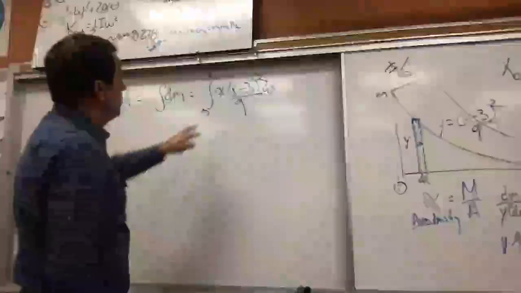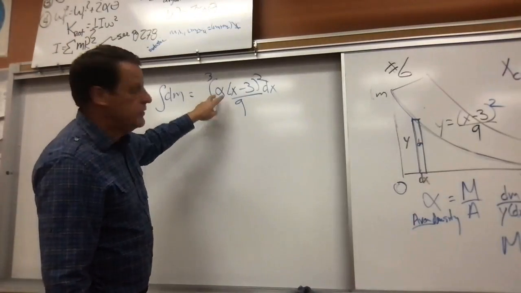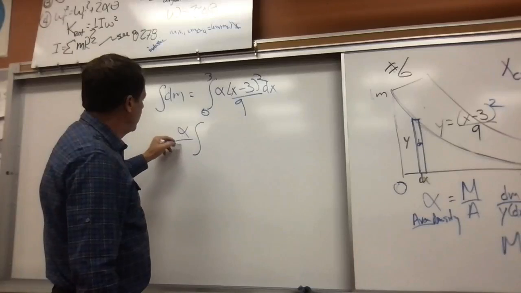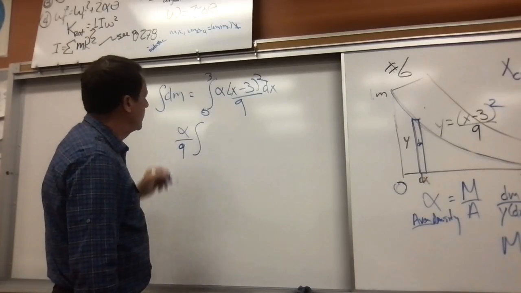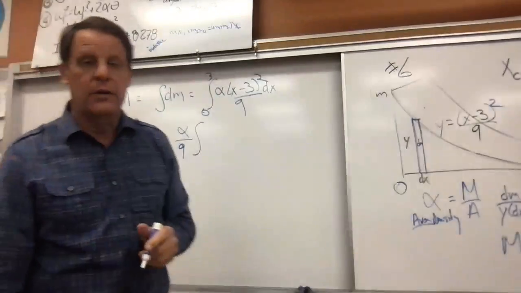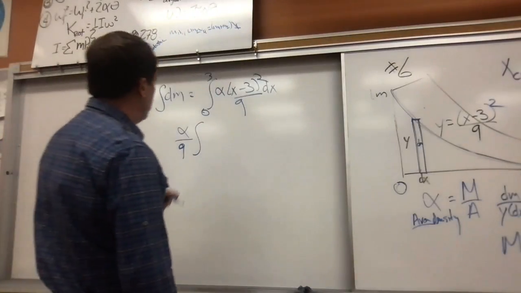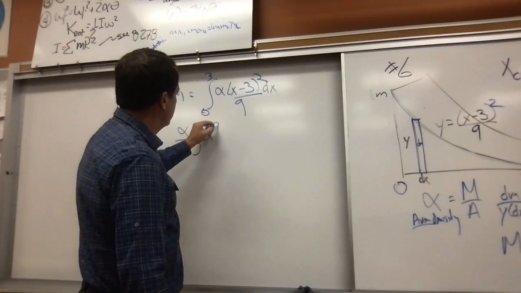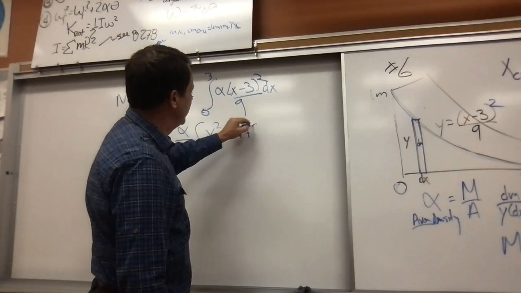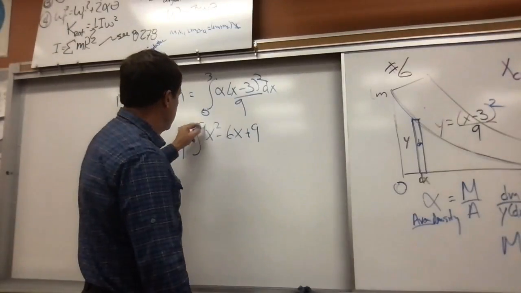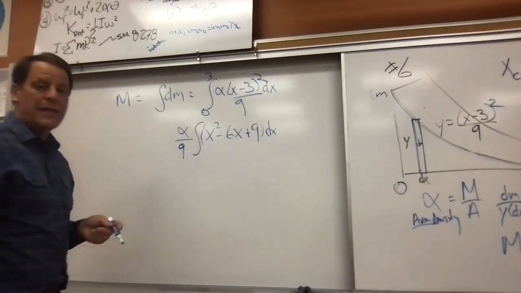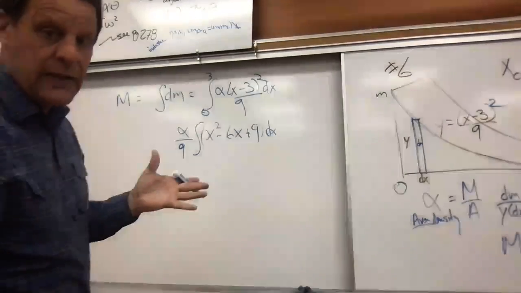This alpha is a constant. This 9 is a constant. So we can bring those out and put alpha over 9, and we can expand (x minus 3) squared by FOILing it. When we FOIL that, we get x squared minus 6x plus 9, dx. Now we can integrate that.